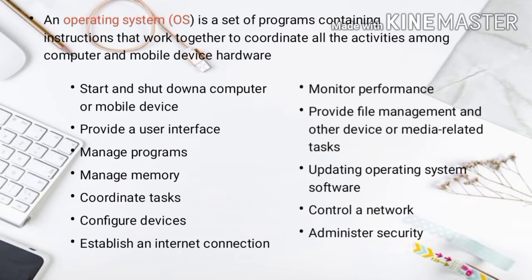Second, provide a user interface, manage programs, manage memory, coordinate tasks, configure devices, establish an internet connection, monitor performance, provide file management and other device or media related tasks. Updating operating system software, control a network, administer security.